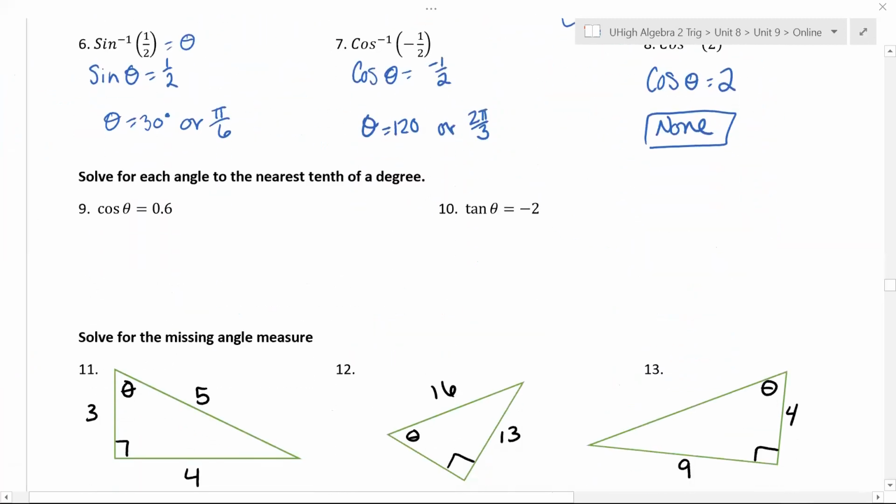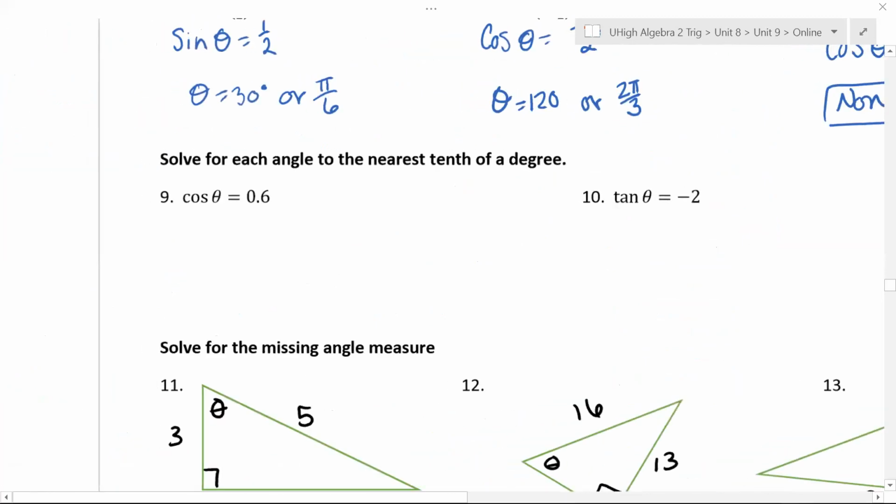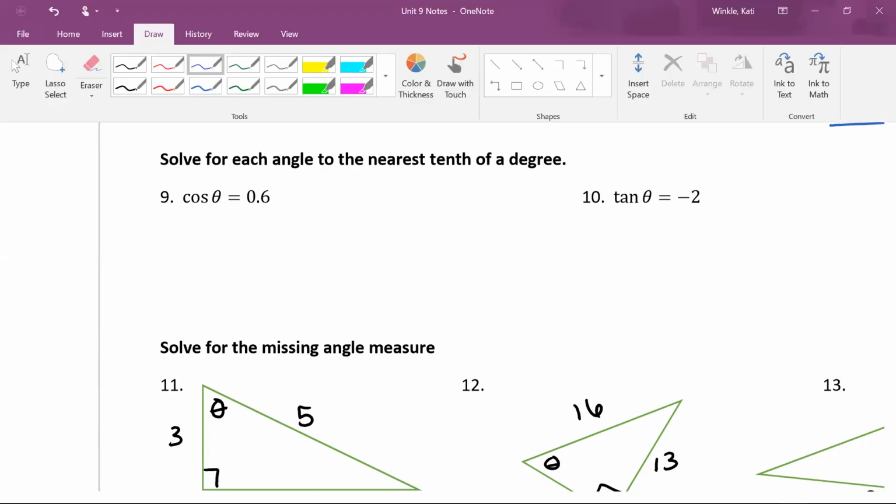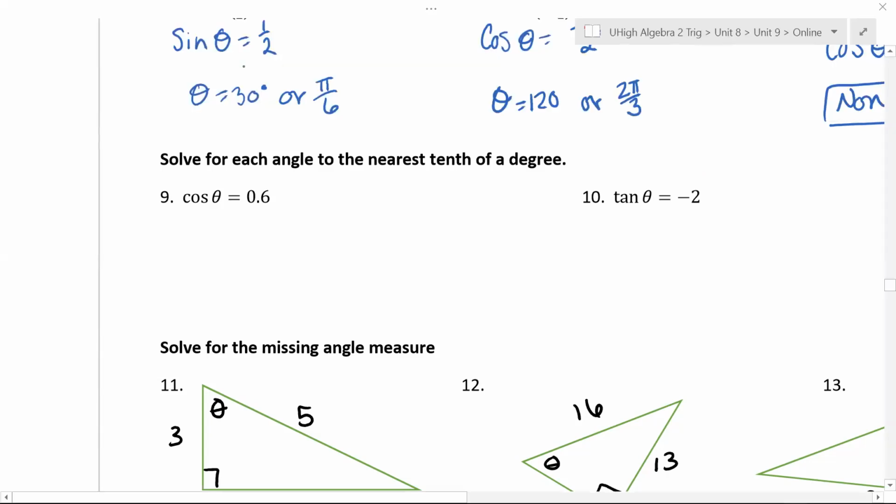All right, so number 9 and 10, we want to solve each angle to the nearest 10th of a degree. I said we want to try these ones using our calculator because 0.6 and -2 aren't values that we have on our unit circle. So we're going to want to try these in a different way.